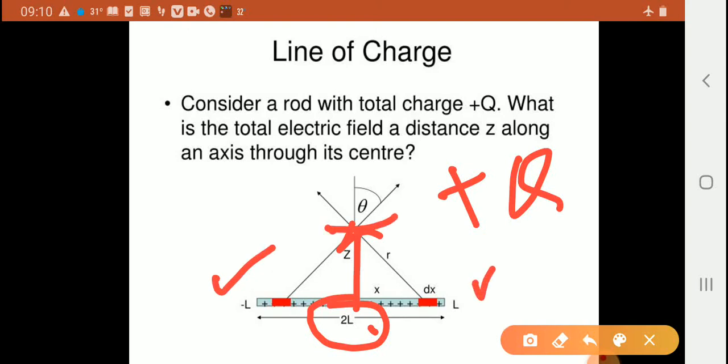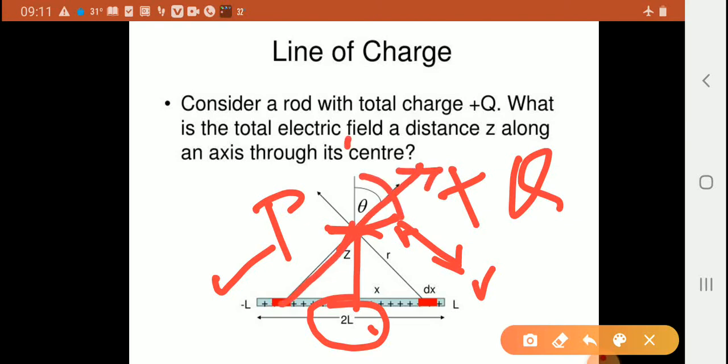And this point P is at a radius of R. So the Z axis is along this vector, with angle theta. And this point is a differential length with respect to radius R.